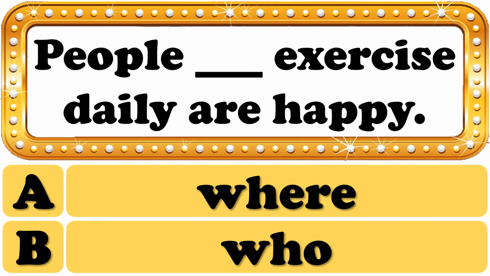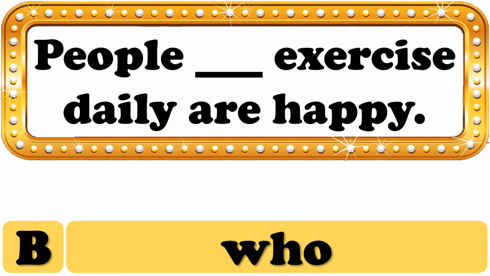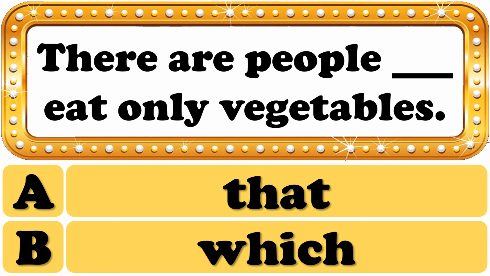How about this one? A or B? The correct answer is B. People who exercise daily are happy. That's science. Take a look at this next one. Would we use A or B? So take a look. Should it be A or B?